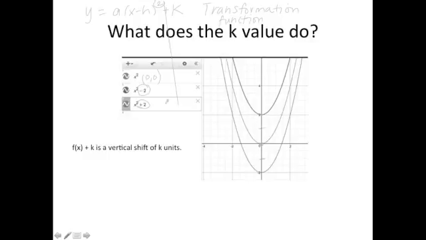Now, why is that so different from the previous example? The reason has to deal with this plus k right here, as opposed to the minus h. The plus k just simply means that whatever is tacked on to the end of your function is just going to demonstrate its movement.